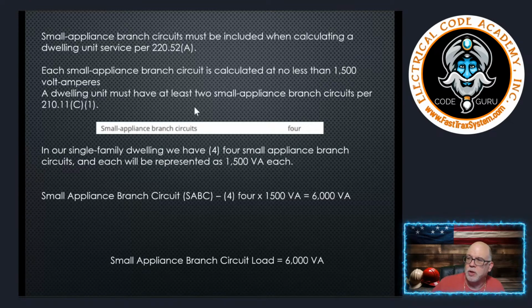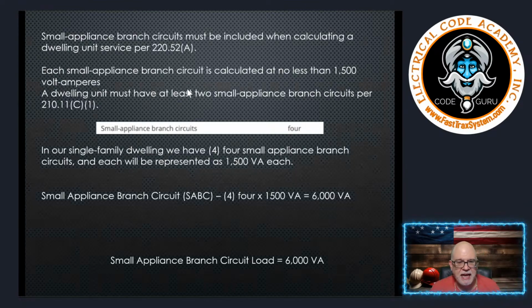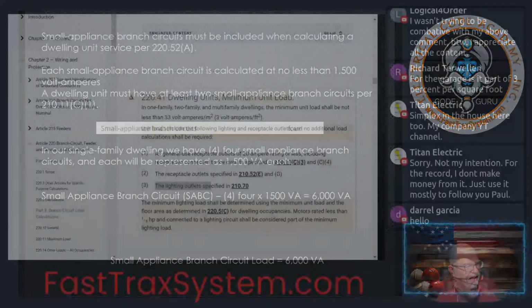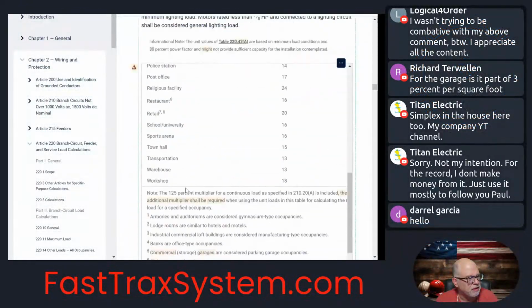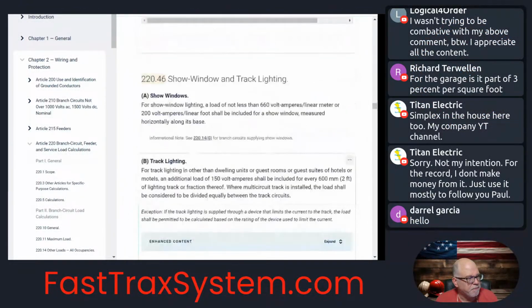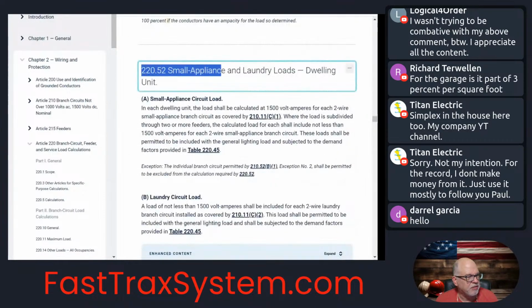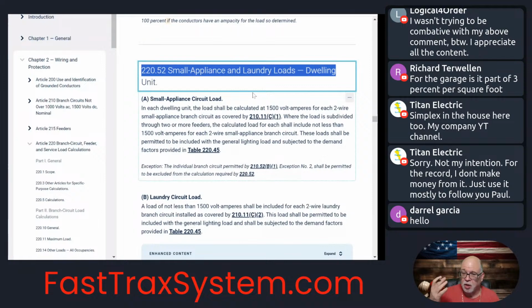So in your code book, you'll see that in 220.52(A), and we'll go look at that in the code book, just to see it. Right here. So here's your small appliance and laundry. Easy to remember, they're in the same location.